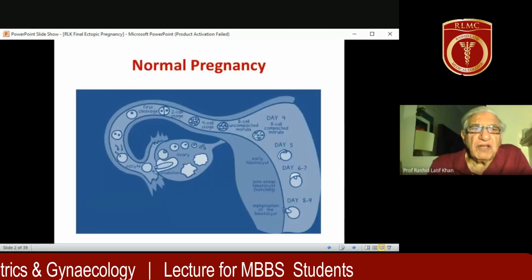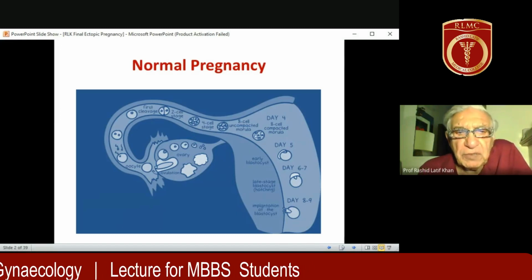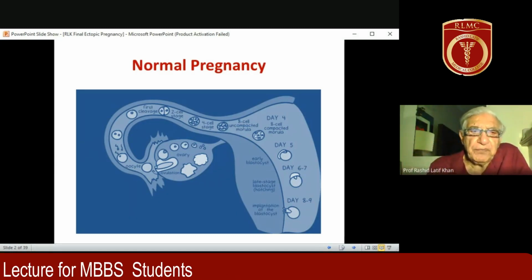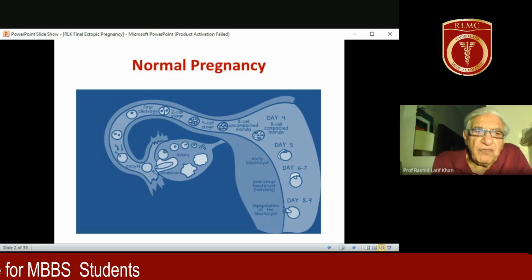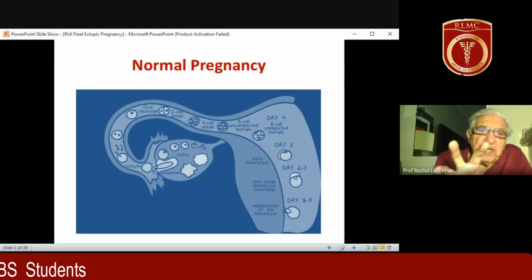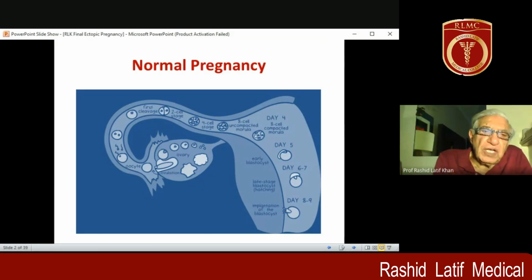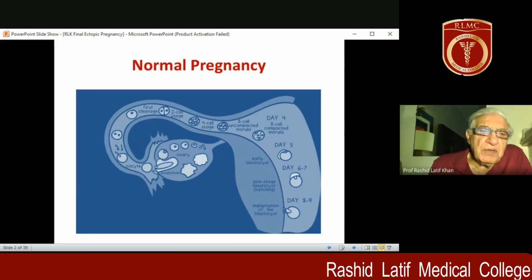So when we look at the normal way the pregnancy takes place, this picture gives you a fair idea that at the time of ovulation, the fimbrial ends get very close to the ovary, and through chemotaxis, they suck the ovum out of the follicle into the tube.